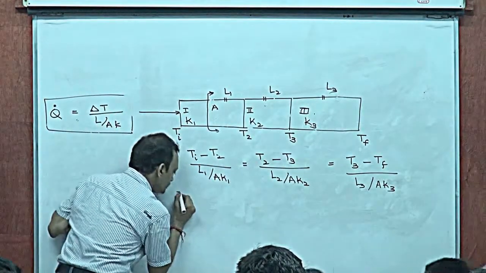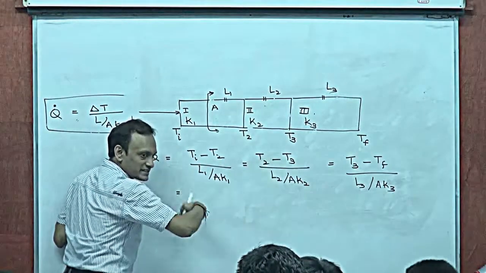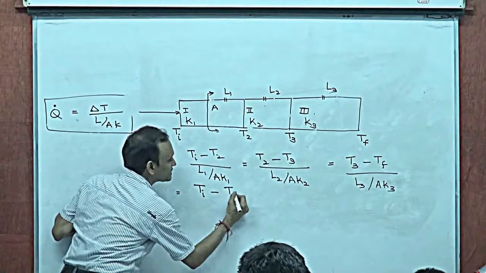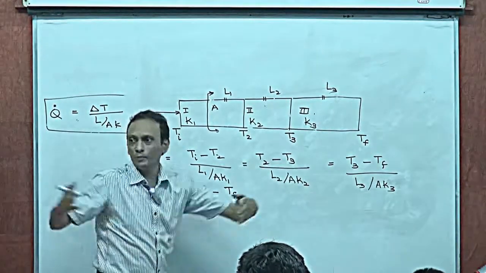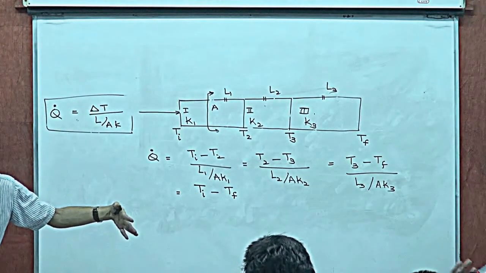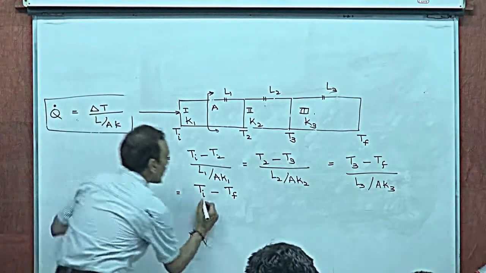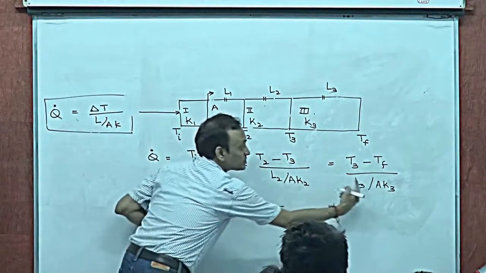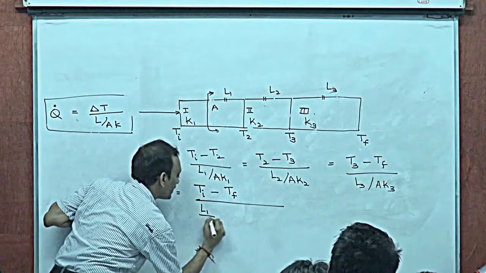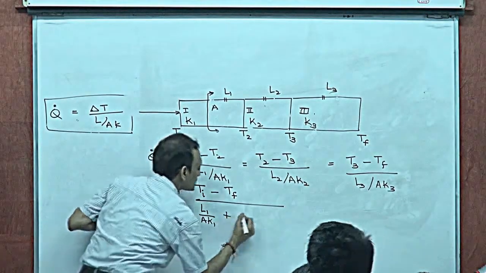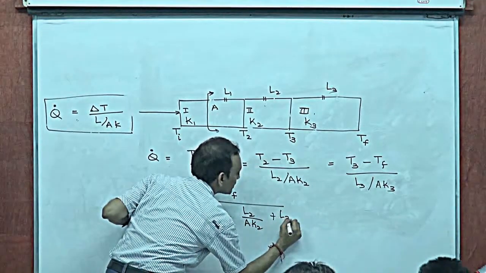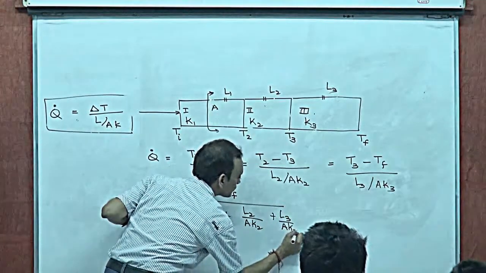Then each of these could be written as the sum of the numerators divided by the sum of the denominators, which is Ti minus Tf, the total potential difference across the composite slab, divided by the sum of the thermal resistances: L1 by AK1 plus L2 by AK2 plus L3 by AK3.